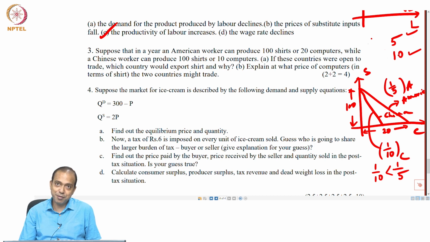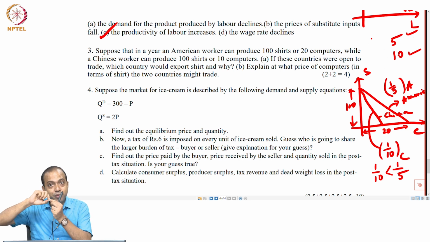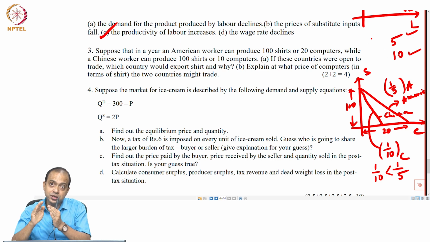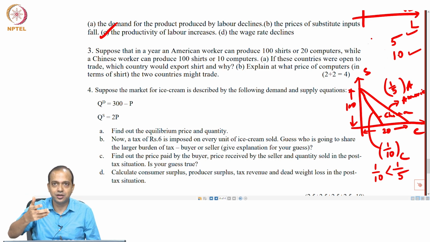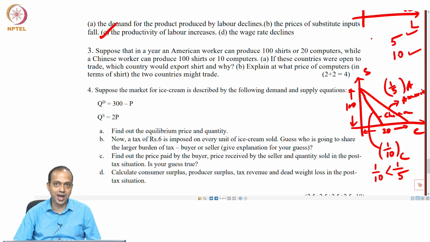It would be acceptable for America because America is getting more than what it is sacrificing, but it won't be acceptable for China, right? So, the moment you set a price which goes beyond this limit, the direction of trade becomes unidirectional. Both of them either will export or both will start importing. Therefore, no meaningful trade will happen if the terms of trade go beyond this limit.